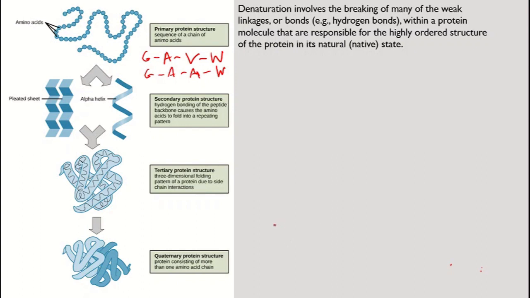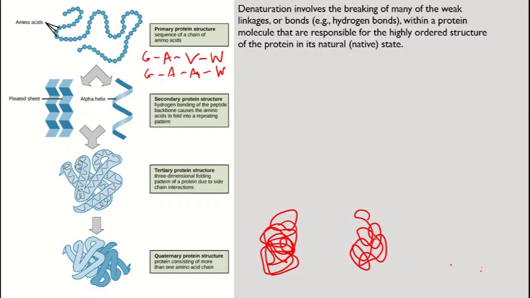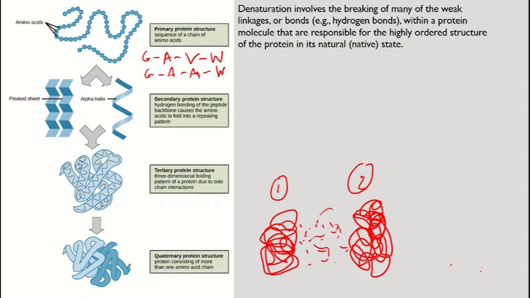But let's say you have a subunit 1 that has primary, secondary, and tertiary structure, and then you have subunit 2 that also has tertiary, secondary, and primary structure. Well, subunit 1 and subunit 2 will have interactions with one another, and these interactions are what the quaternary structure refers to.